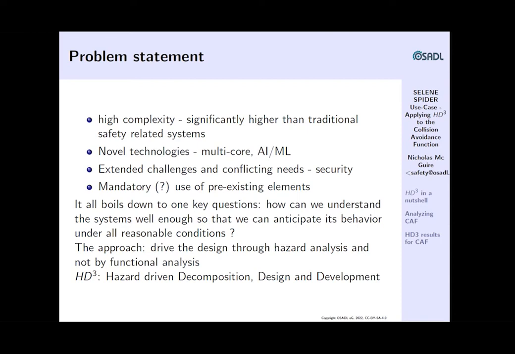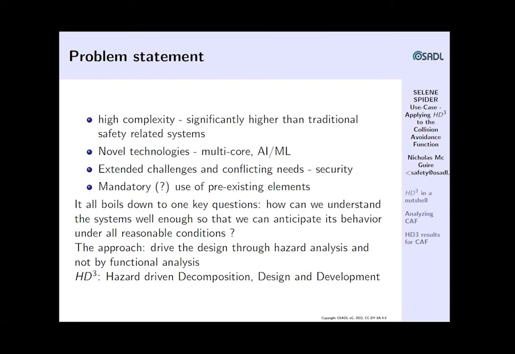At the same time, when we look at monitoring, we also have to know what we need to monitor and which impact on the safety properties of the system a failure of such a monitoring or one of the intended mitigation methods would have. So this is how this part of the talk actually connects to the big picture of SELENE, and in between we have the Spider as the use case.